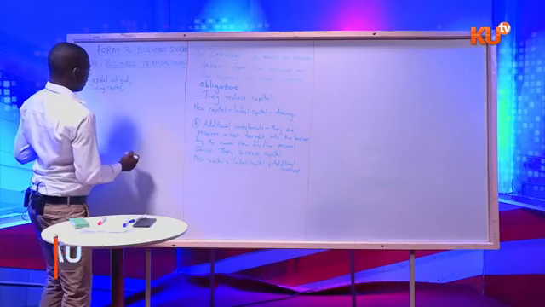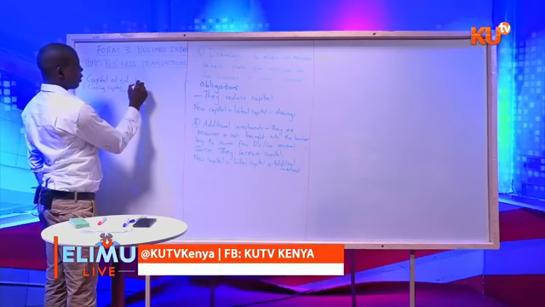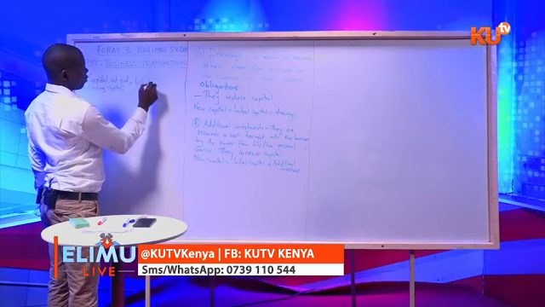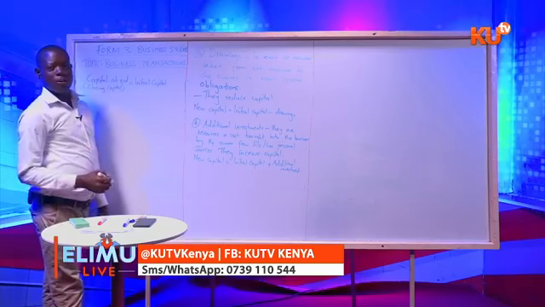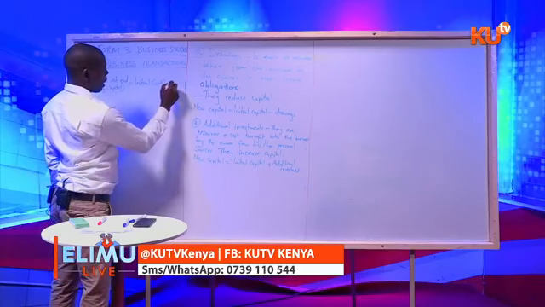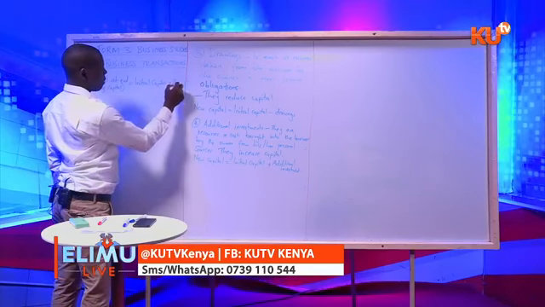We obtain the closing capital by taking the initial capital, also referred to as the opening capital. We add profits if there are any profits made.